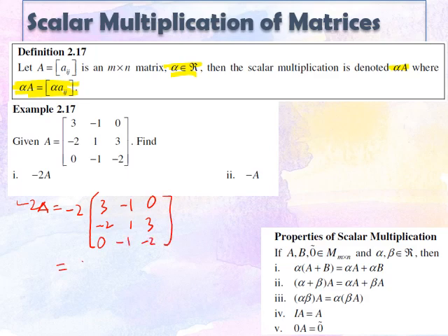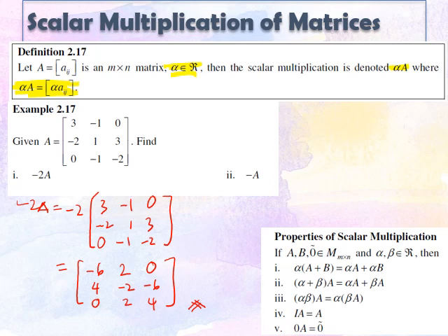So negative 2 times 3 is negative 6, negative 2 times negative 1 is 2, negative 2 times 0 is 0, next is 4, negative 2, so we have negative 6, 2, 0, and 4. So we obtain this answer.